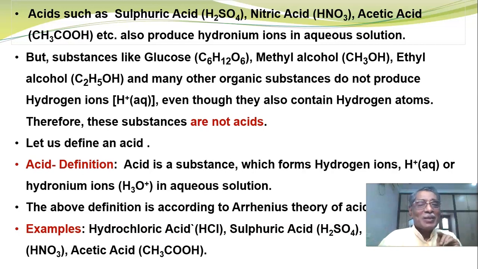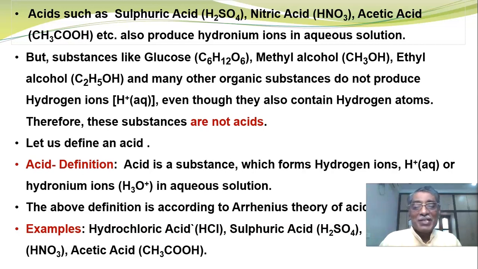Glucose, methyl alcohol, ethyl alcohol and other organic substances which do not produce hydrogen ions in aqueous solution are not acids. Now let us define an acid. Acid is a substance which forms hydrogen ions H+(aq) or hydronium ions H3O+ in aqueous solution.